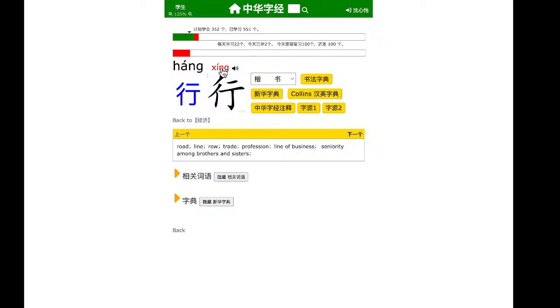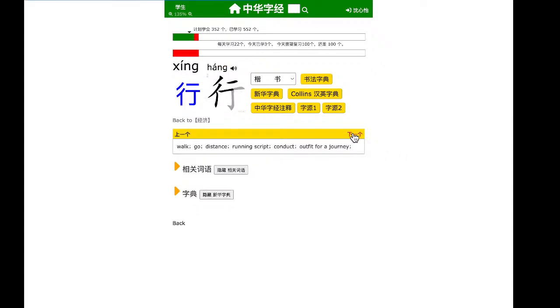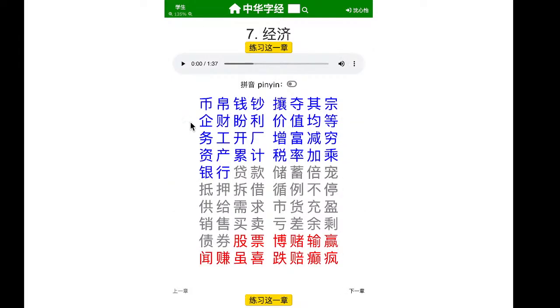It also has this other reading, xing, which you also see very commonly. And xing means to walk or go a distance, to go on a journey. But in this case, it's read hang in yinhang, which is the word for a bank, because they're in the business of money.